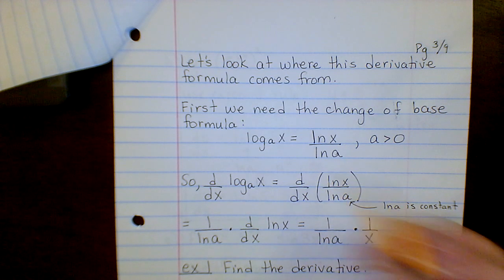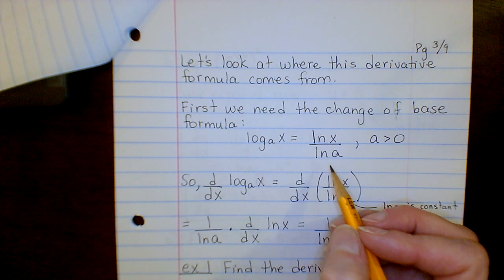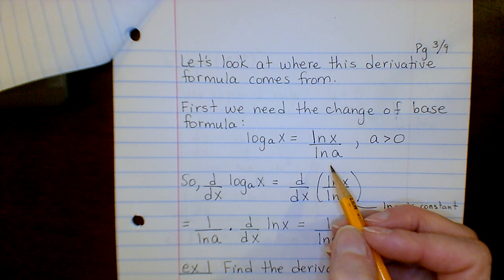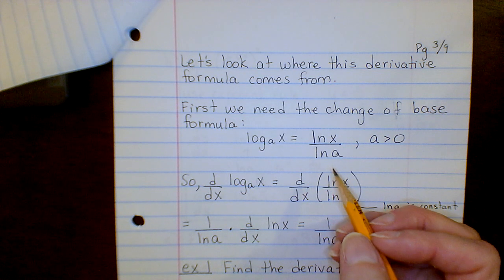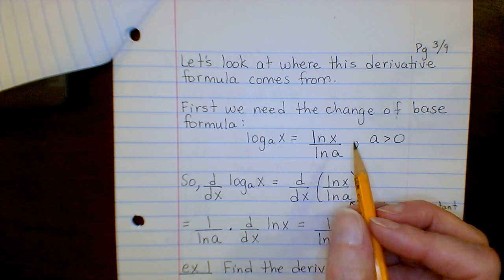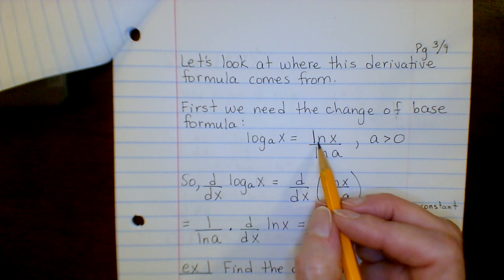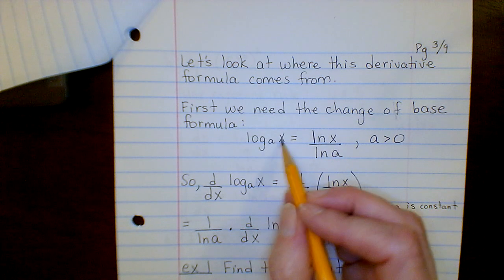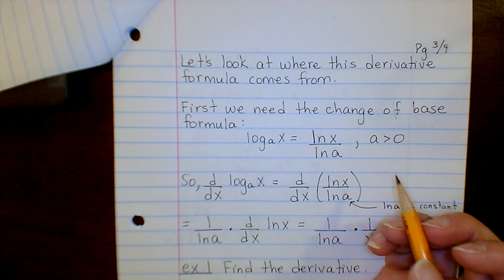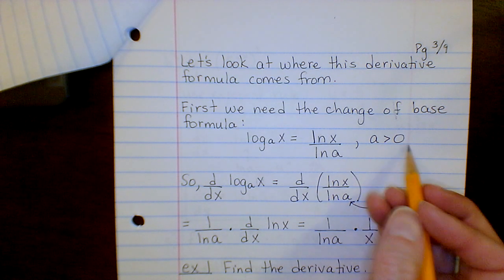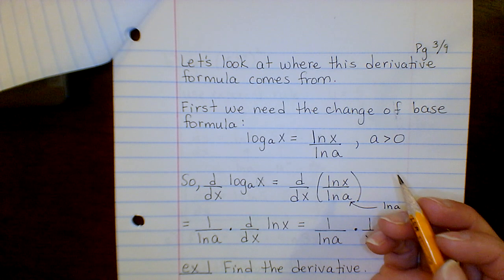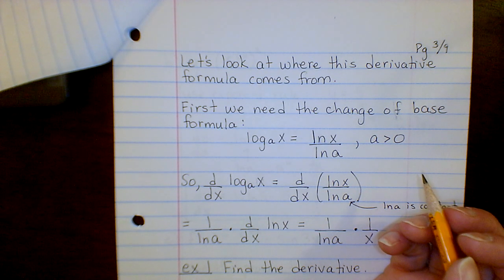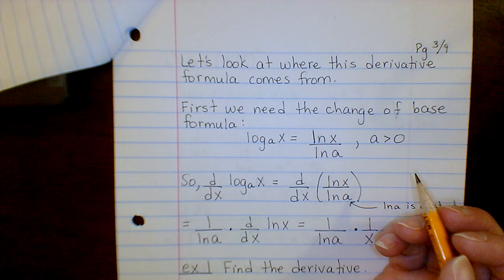I chose ln for this one because we know how to take the derivative of ln. Just like the last one, I changed it to e because we know how to handle e from the previous section. So this would be ln x over ln a, where this x and this a are the same as this x and this a. And of course, a has to be positive because you can't take the log of a negative number or 0.